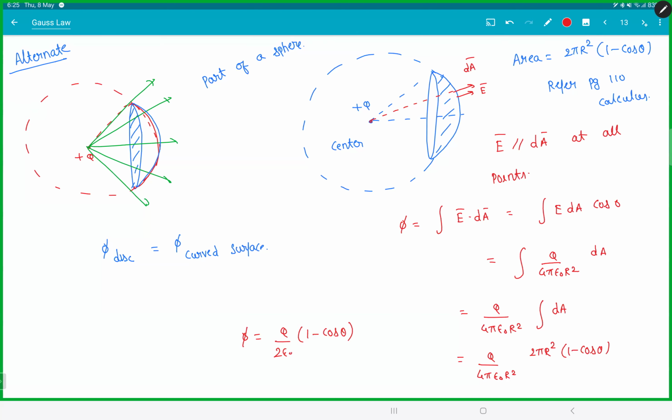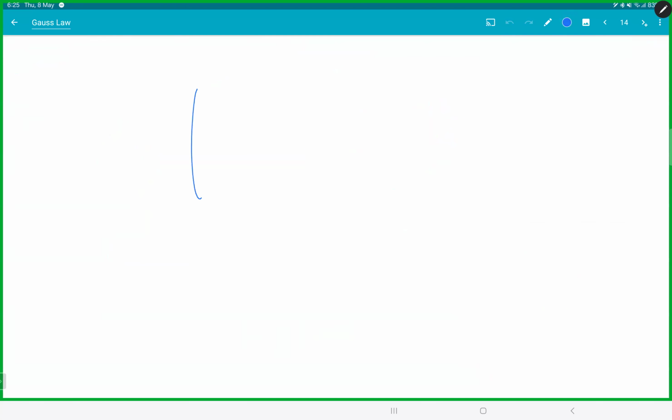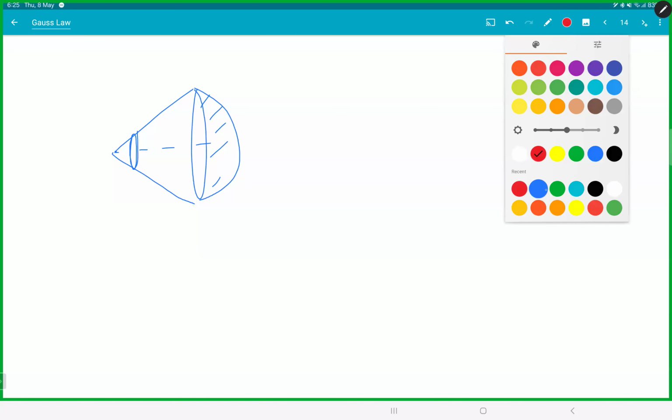It is the same thing, solid angle only. I'm not using the word solid angle, but what is the definition of solid angle?